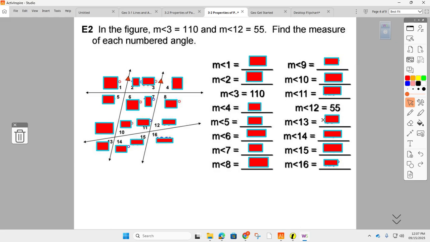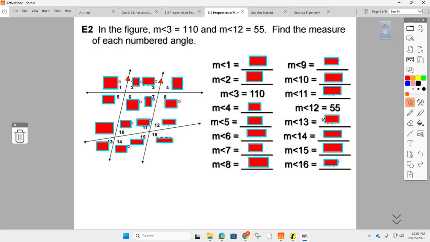So they have to add up to 180, right? So if this is 110, the only other measurement that can be anywhere up here is 70. If this is 55, the only other measurement besides 55 has to be 180 minus 55, which is 125. So there's only 2 possible degrees that we could be, right? Does that make sense? Okay.